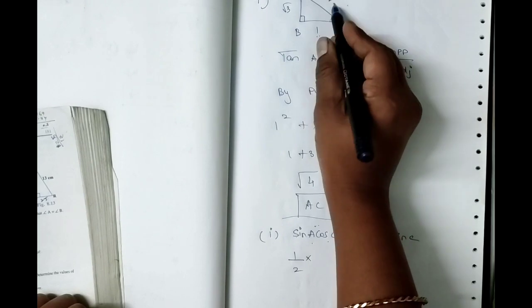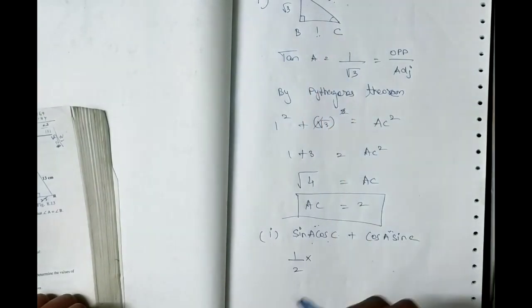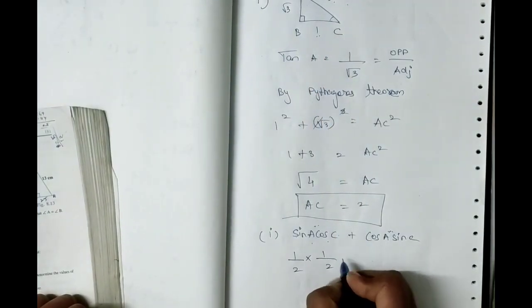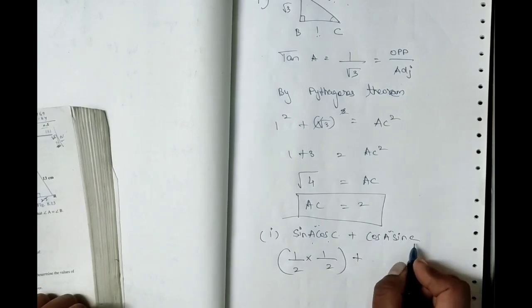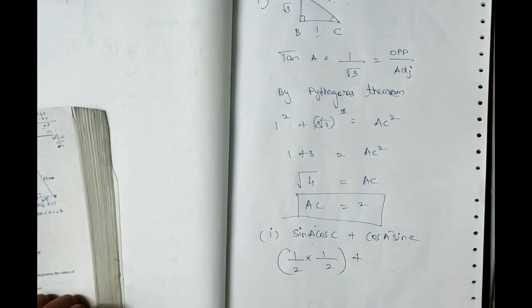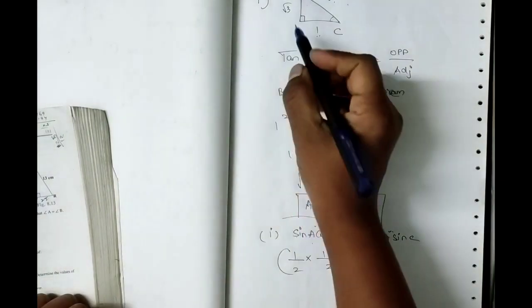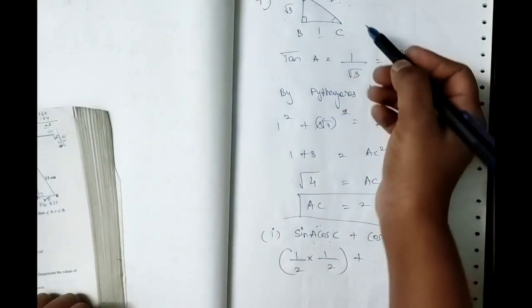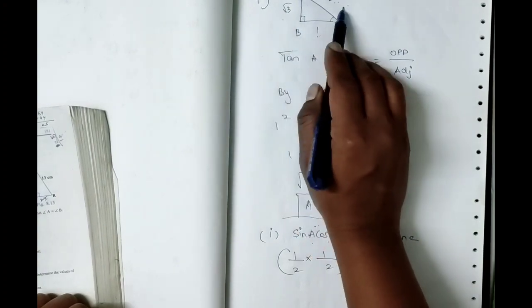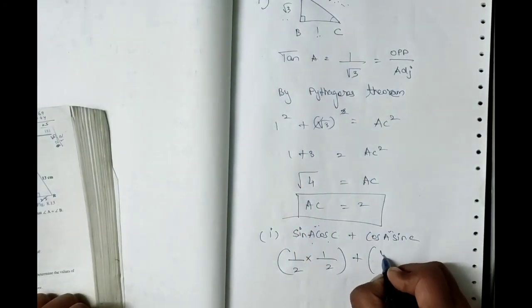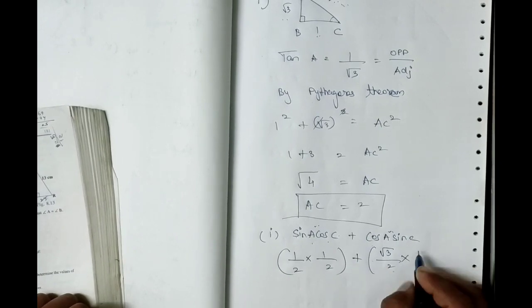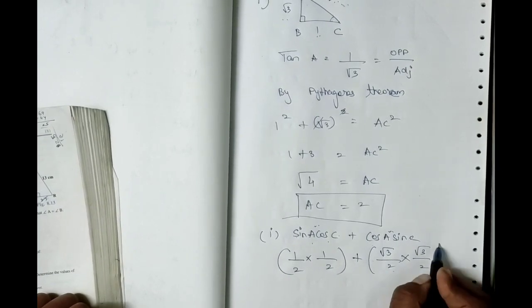It is going to be adjacent by hypotenuse. So again it is going to be 1 by 2 plus cos of A and sine of C. Again both are the same values. Cos of A will be adjacent by hypotenuse and sine of C will be opposite by hypotenuse. Both have the same value, root 3 by 2. So it is root 3 by 2 into root 3 by 2.